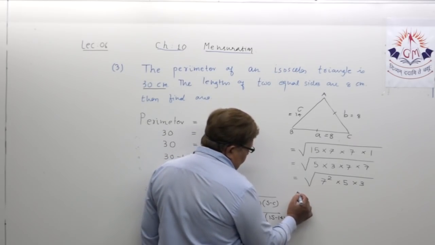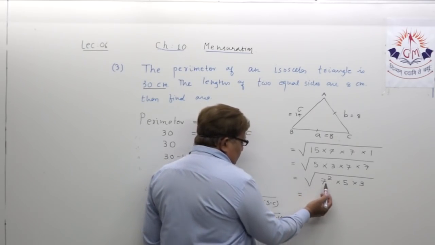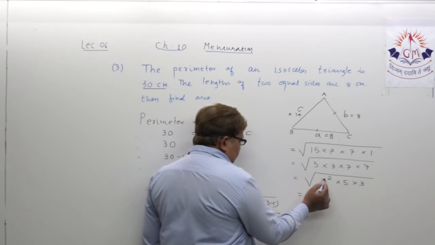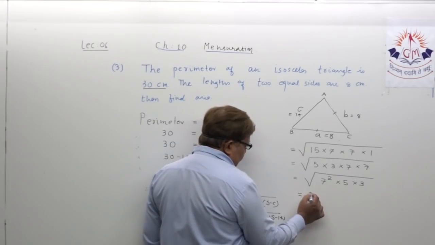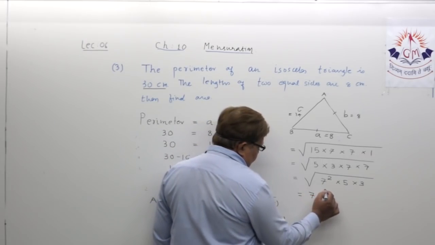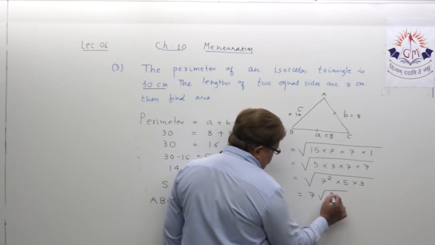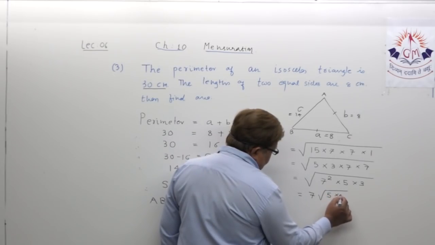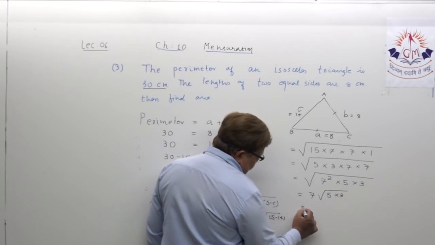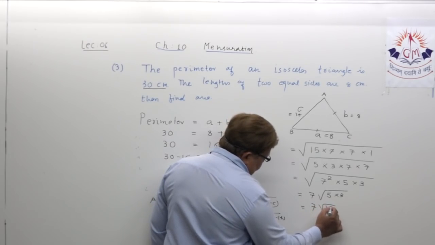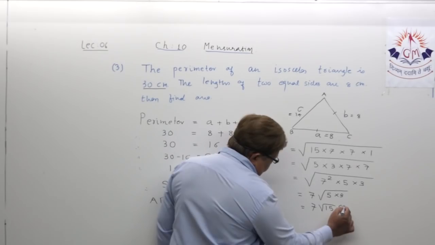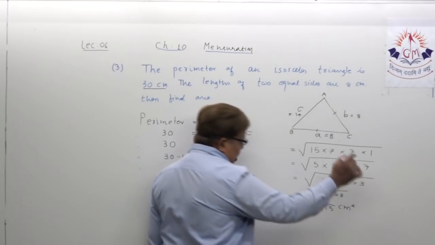Now you know very well, you can take out the square root of only this, 7 square, root removed, 7 out, and only 5 into 3 will remain inside. So your final answer will be 7 under root 15 square centimeter.